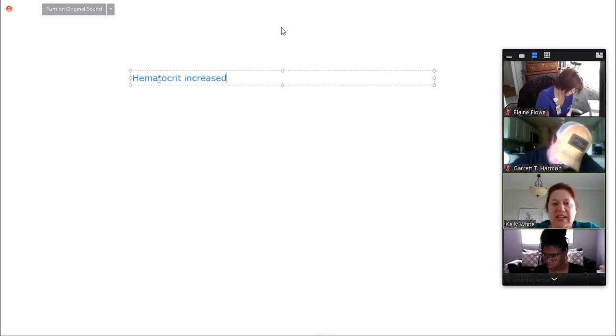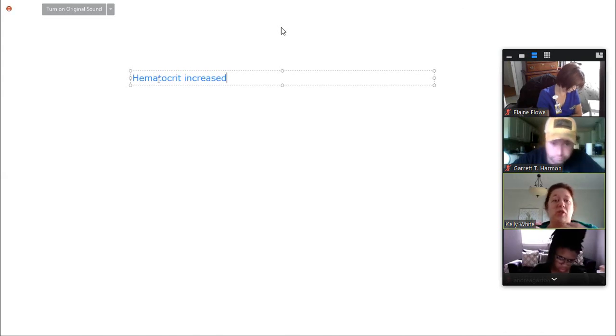If it's due to hemorrhage, then you're just losing total blood. So you're going to have low counts of any of your red blood cells. But if it's not from massive blood loss and it's just loss of fluid volume, you're going to see that hematocrit increased. And that is due to hemoconcentration.